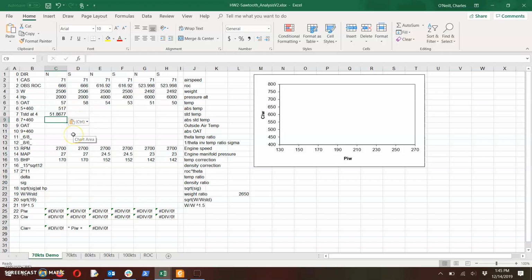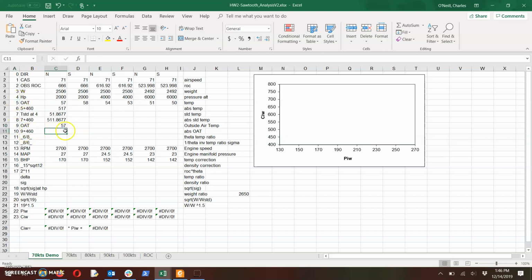Okay, so to get to Rankine, we would have line 7, which is that one. So 7 plus 460. It's actually 459.67, but that's close enough. Outside air temperature, and I have doubled up on that one, so line 9 is the same as line 5.